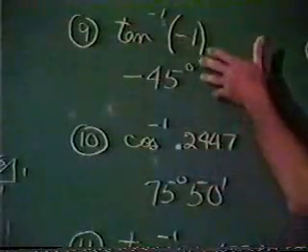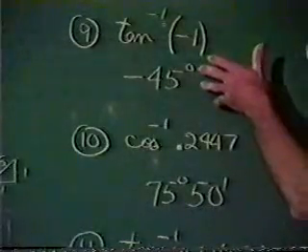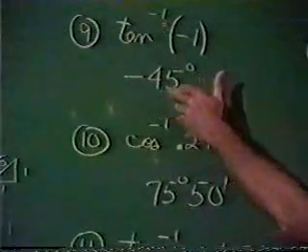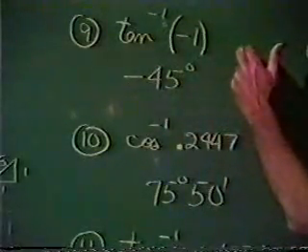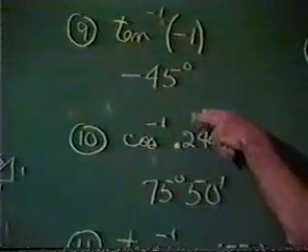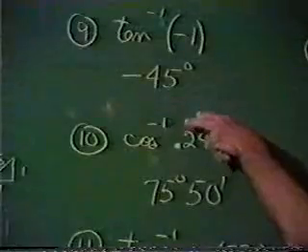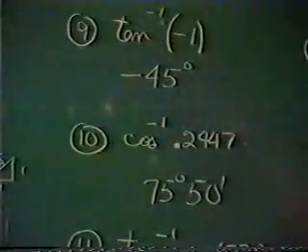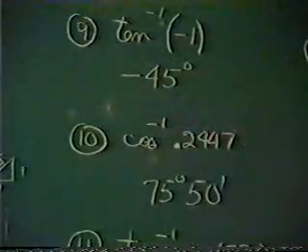They have to do that so they don't have two choices. What happens if they didn't use this rule and you hit a minus 1? You have two choices, either 315 or 225. So we have to use the minus 45 degrees.